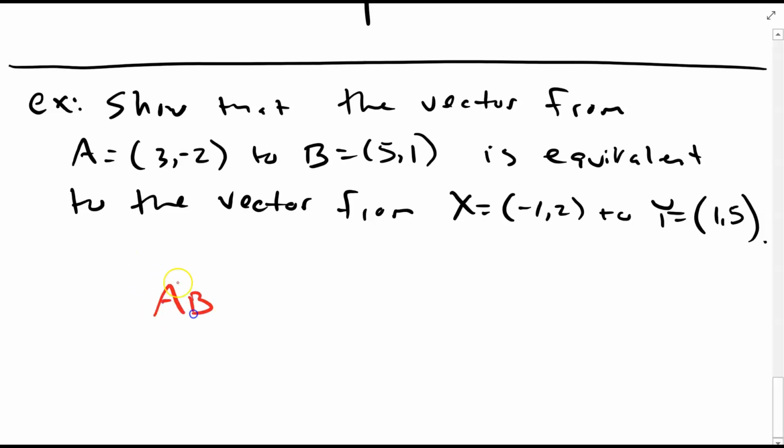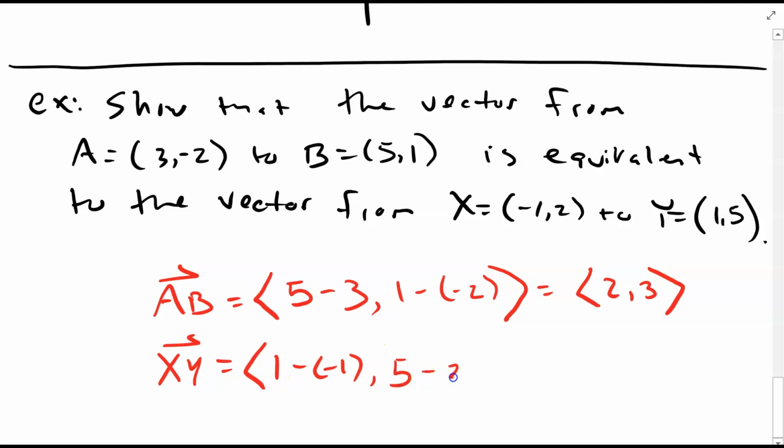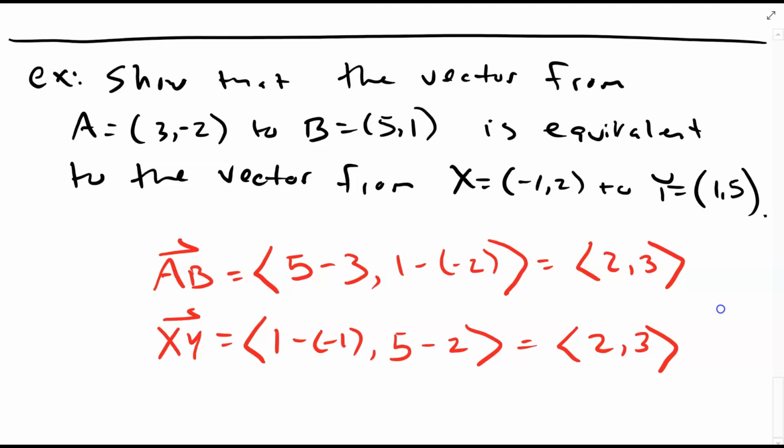So I'm just going to take my vector that I'm going to name the first one AB. So that would be x2 minus x1, y2 minus y1. And then if I take vector XY, x2 minus x1, y2 minus y1, and I get the same component form.